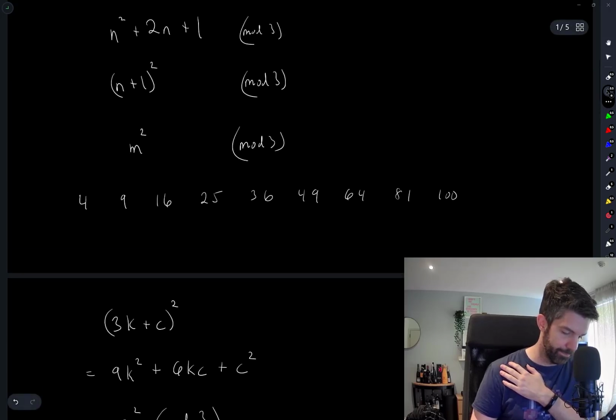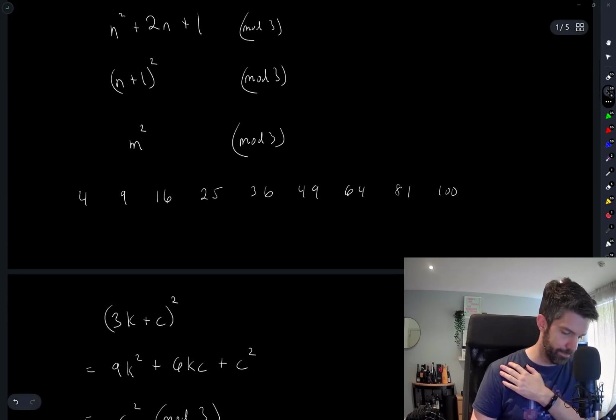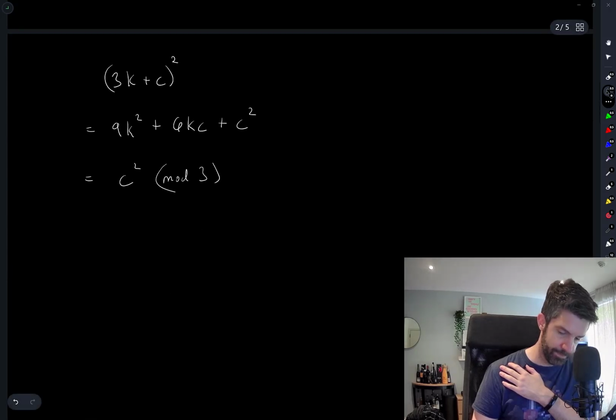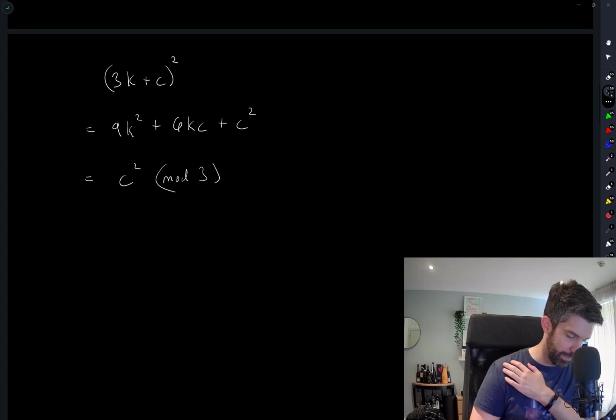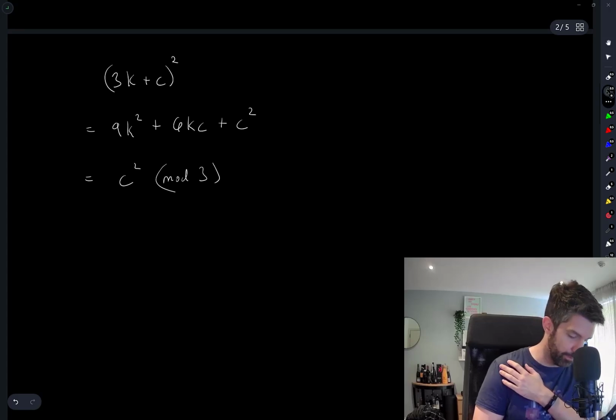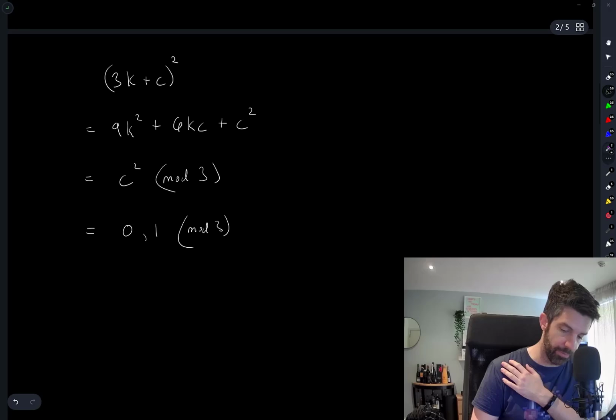So right, if c is 0, then it's not 1, it's not 2 mod 3. If c is 1, that's not 2 mod 3. And if c is 2, yeah, so this is equal to only 0 or 1 mod 3. This can never be equal to 2 mod 3.